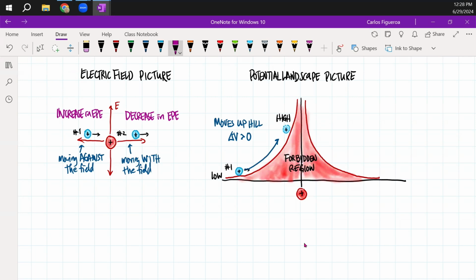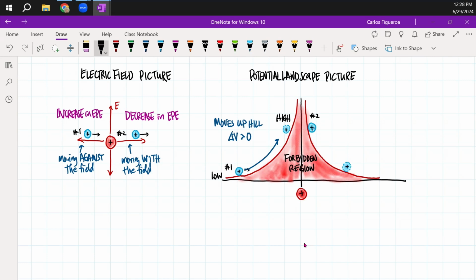So picture-wise, I now see my charge, which is now at a. If there's a decrease, that means it's starting up at a higher potential, and it's going to move downwards. So when I'm looking at this charge, I'm now starting in this position 2, which is at a higher potential.